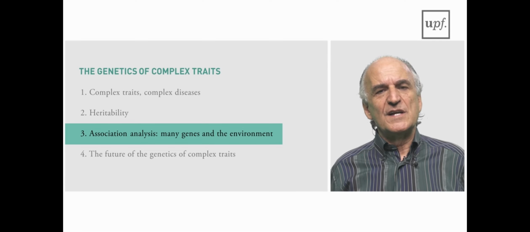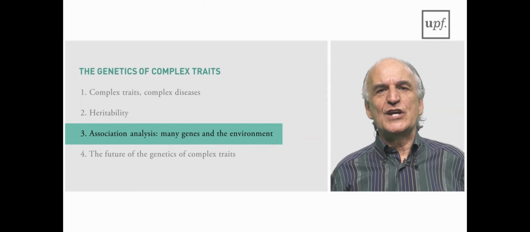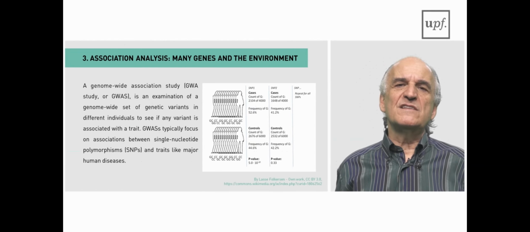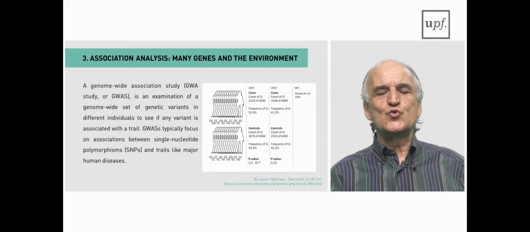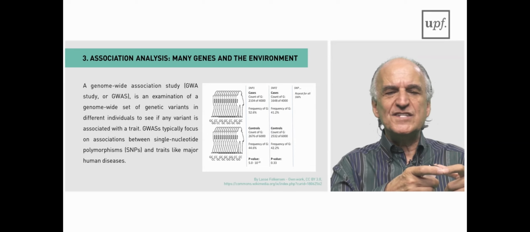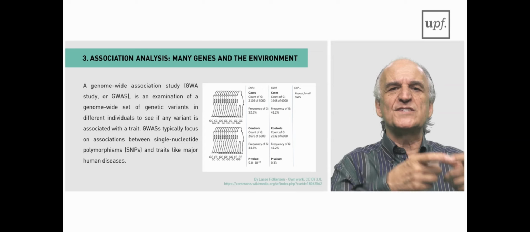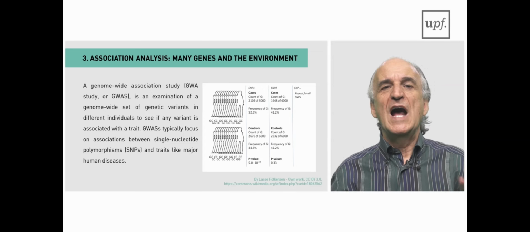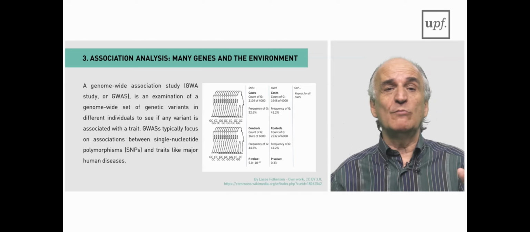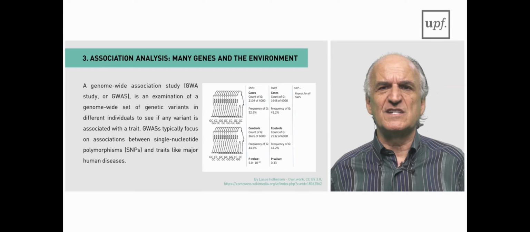In the last years, there has been a lot of work in what is called genome-wide association studies, or GWAS. In these studies, the idea is very simple: to gather a population of patients, and a very similar population of normal individuals that may be used as control, and then to look at the genome of both populations and see where in the genome there are discrepancies that could be related to the presence of the disease.